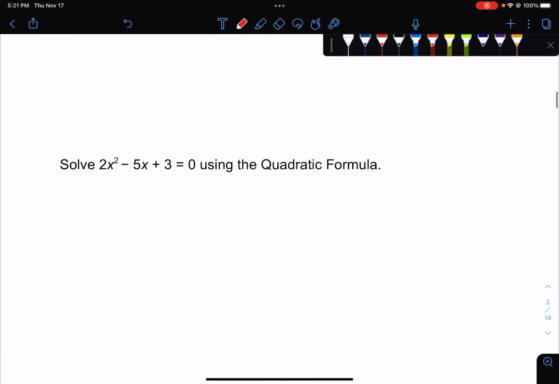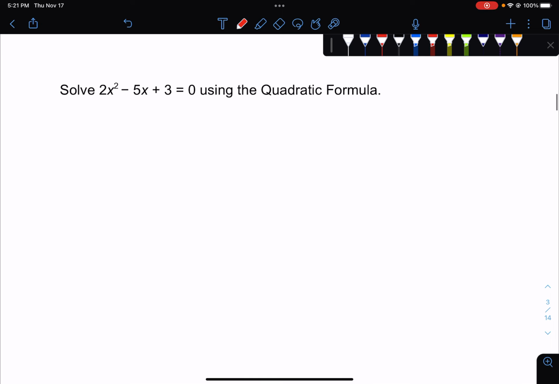So let's look at an example and get right into them. This example right here, 2x squared minus 5x plus 3 equals 0. Well, this is already set equal to 0, which is the first requirement. I can't do this if it's not equal to 0.